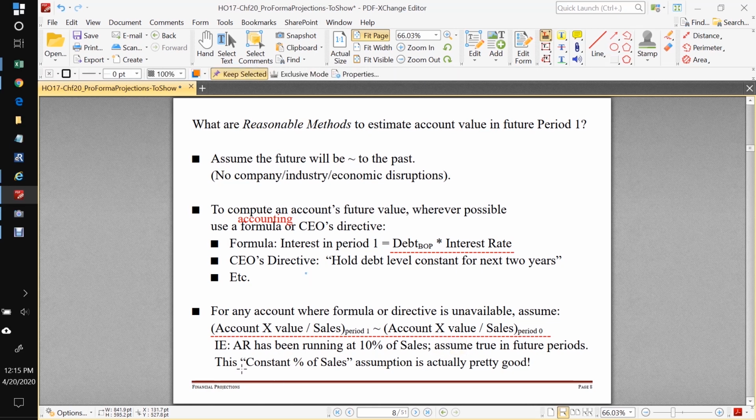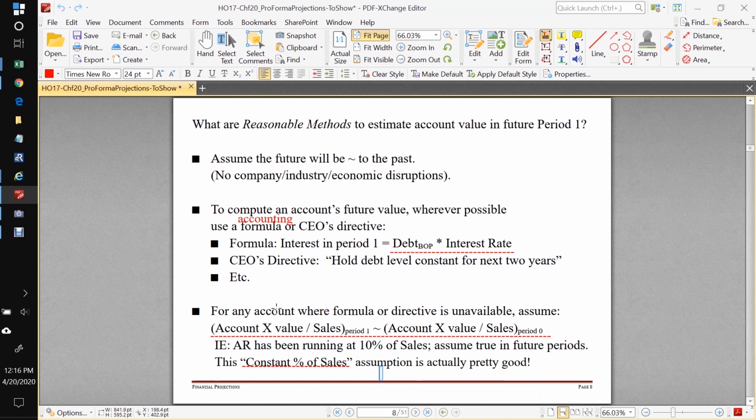This assumption is what's called a constant percent of sales assumption. And as you're about to see, it's actually a really good assumption for balance sheet accounts as well as income statement accounts. So here's how we'd use it: accounts receivable has been running at about 10% of sales. So we're just going to assume that going forward, whatever the sales are, accounts receivable is going to continue to be about 10% of that.